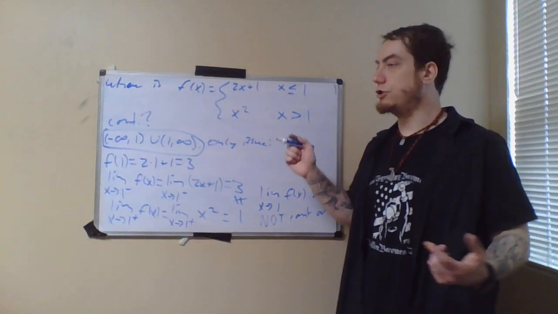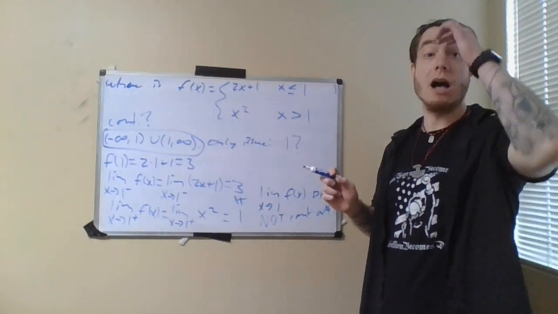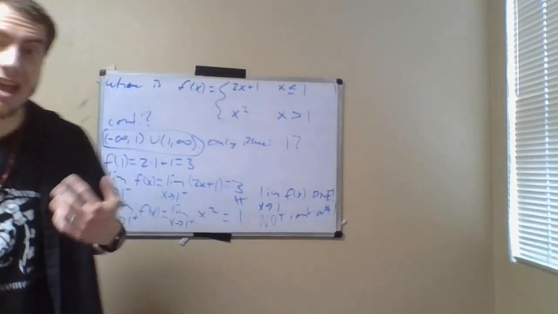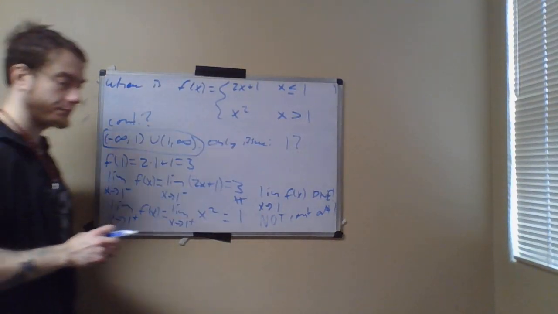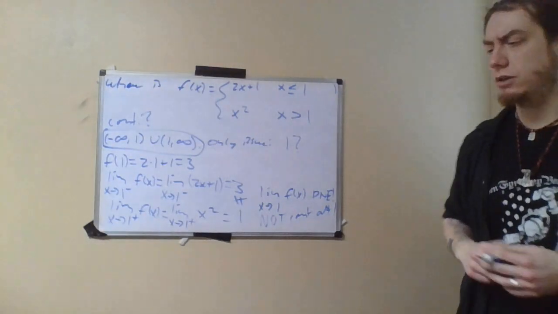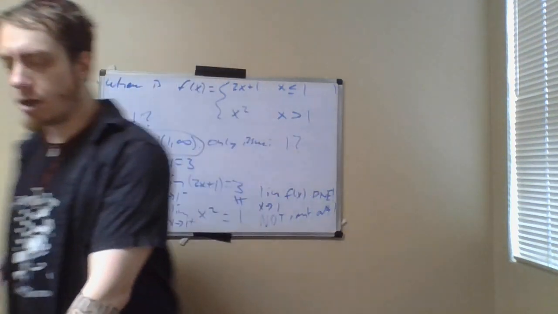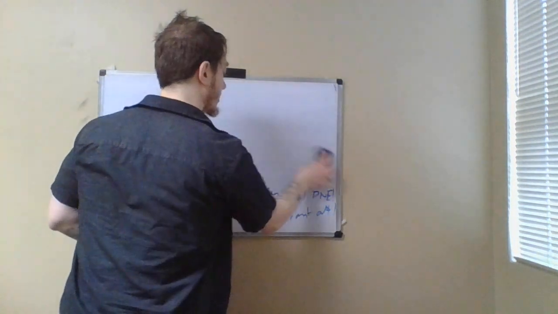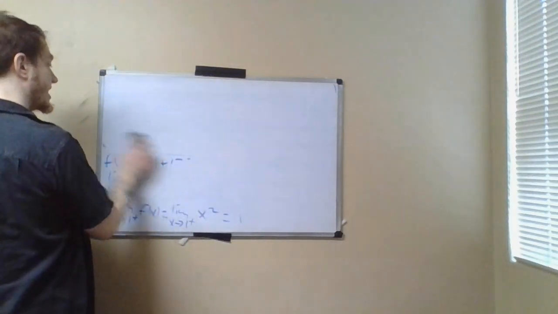And so if you have a jump, that should mean that it's not continuous. Yeah, that's exactly what this is showing us. We had a jump and it's not continuous. Now we want to talk a little bit about the laws for continuity, because there are some nice properties of continuity that we can get here.